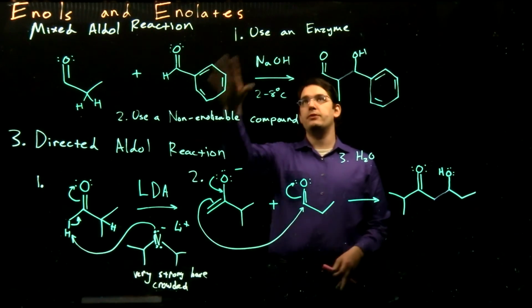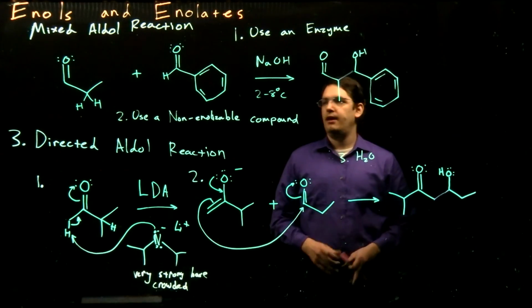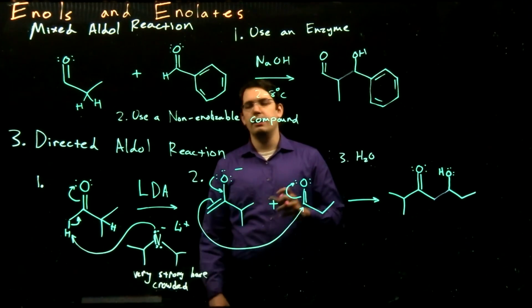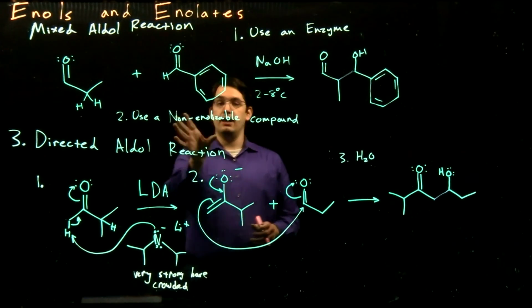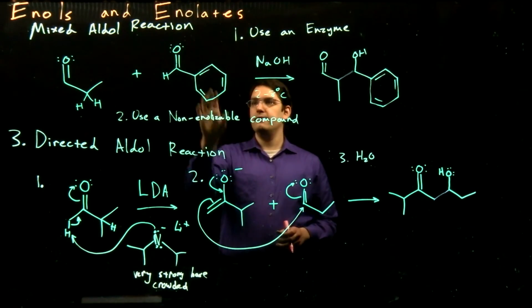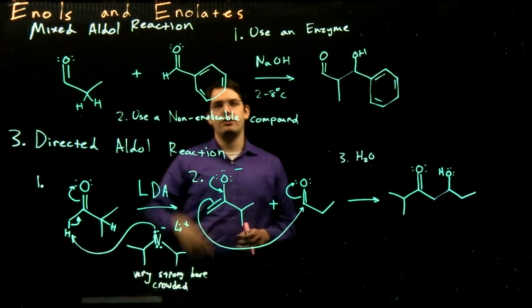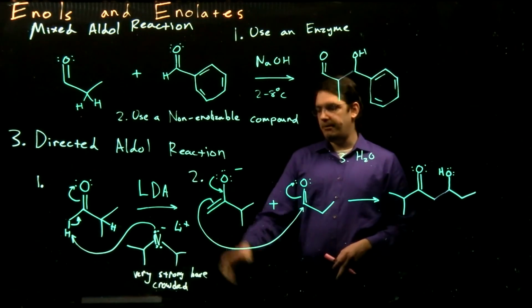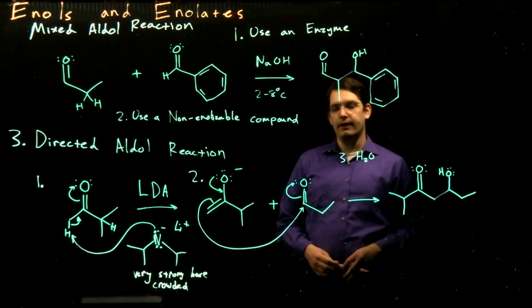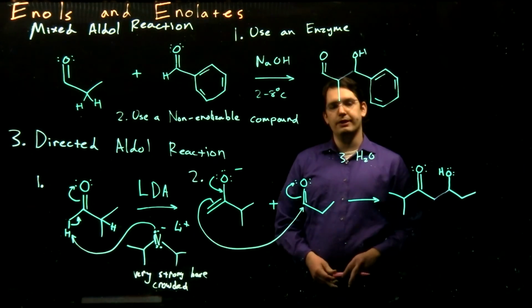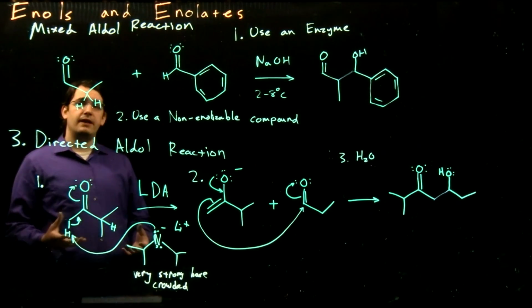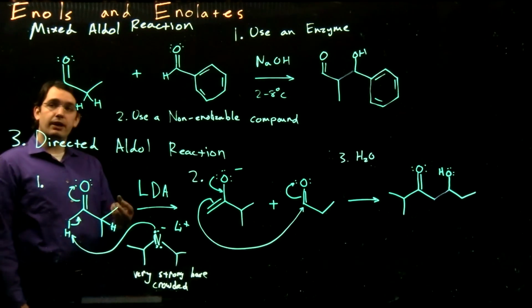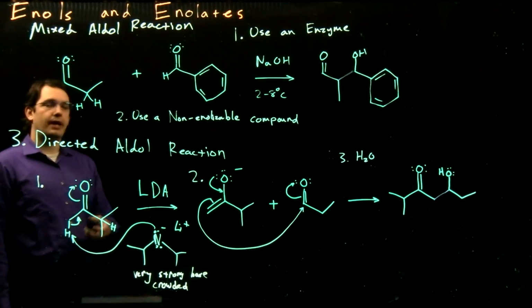So our three key approaches, again, we could use an enzyme that would control what enolate forms. We can use a non-enolizable reactant so that we know, again, for sure what enolate will form. Or we can add our base first and make the specific enolate that we want before we start our aldol addition reaction. So as we see here, our enolates create a unique new nucleophile that can be used to react with our carbonyl compounds.